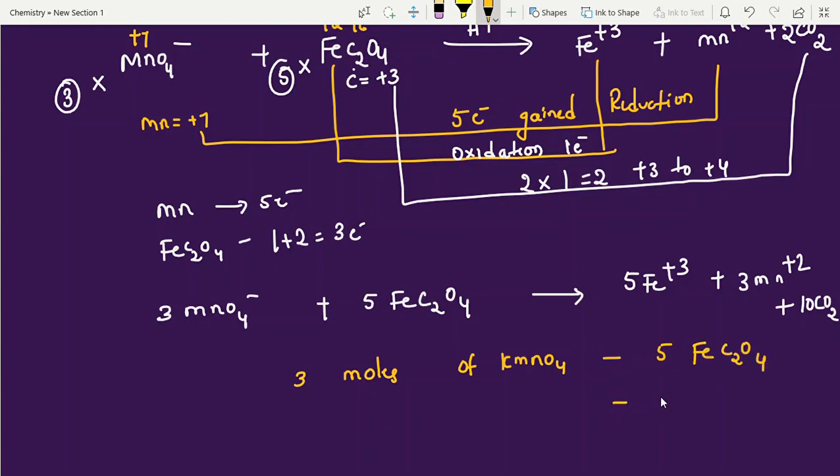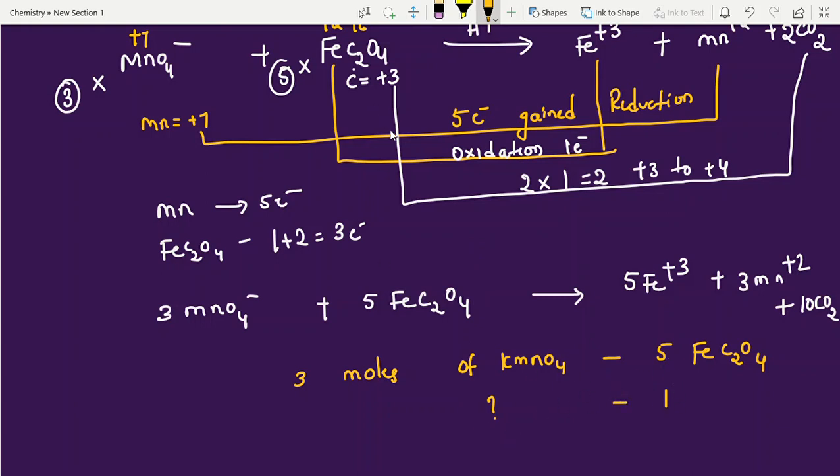Then for iron oxalate 1 mole, how much are they asking? How many moles of KMnO4 are required to oxidize 1 mole? That's all. After solving this one, these are advanced questions, students. Advanced examination, the main tough papers. In difficult papers you will get this type of questions.